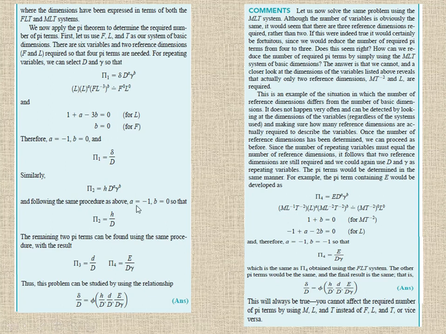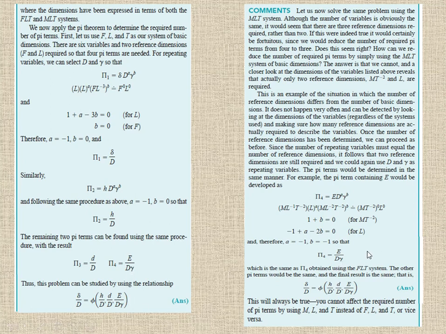Okay, because here in all the cases there is no difference whether you are using the MLT or FLT system. So you can carry on the whole problem with the MLT system and you would see the total number of pi terms, and finally by using the MLT system you get pi 4 as E over d gamma, what you got in here.